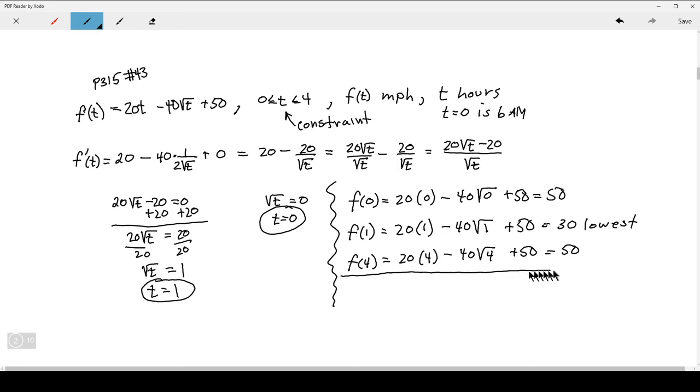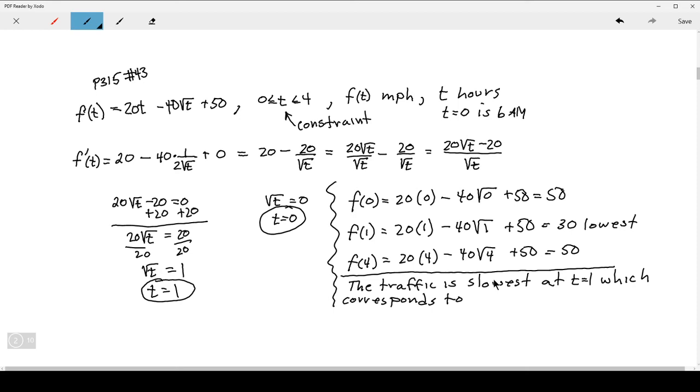All right, so now to answer the question, the first question is the traffic is slowest at t equals 1, which corresponds to, well, let's think about this for a minute.